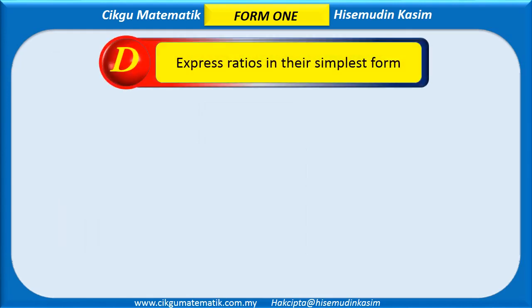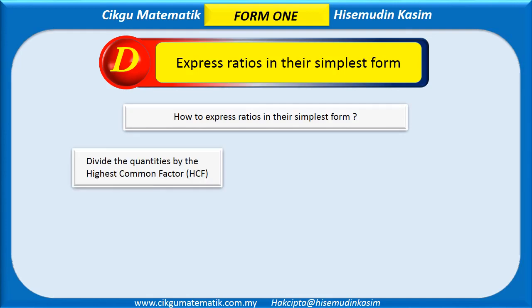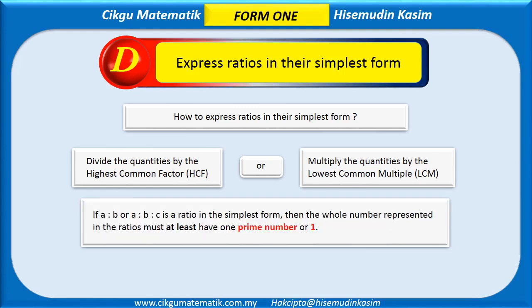D. Express ratios in their simplest form. How to express ratios in their simplest form? Divide the quantities by the highest common factor, HCF, or multiply the quantities by the lowest common multiple, LCM.